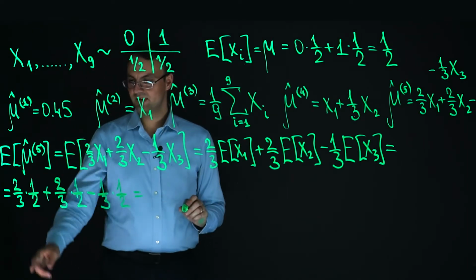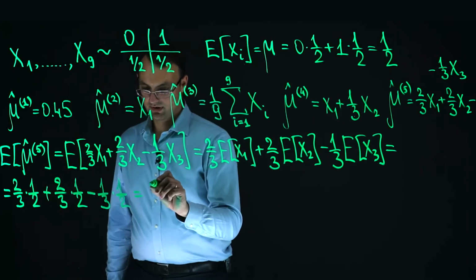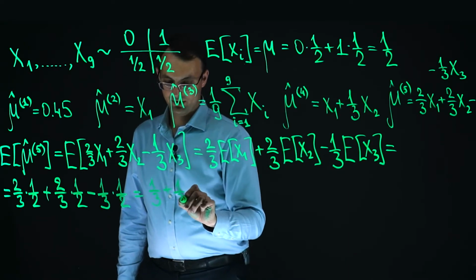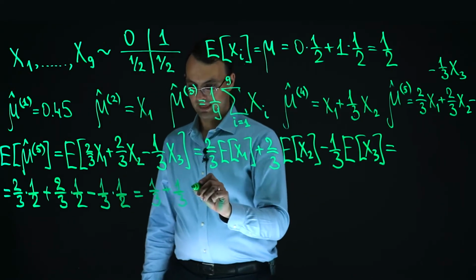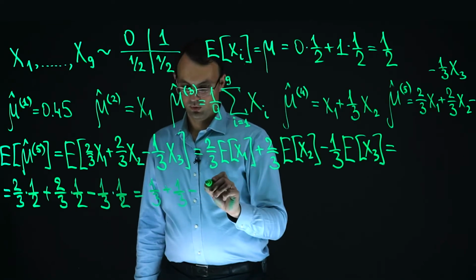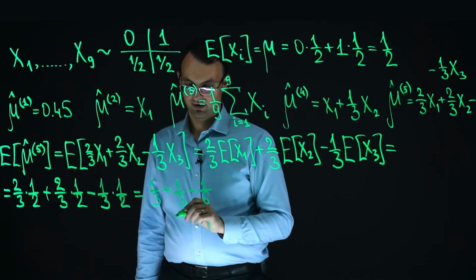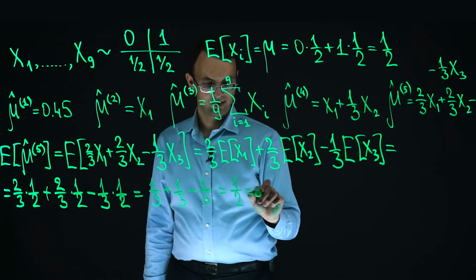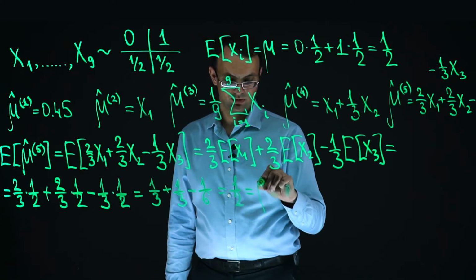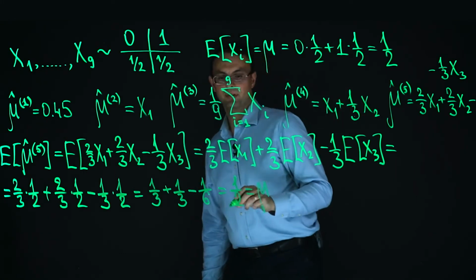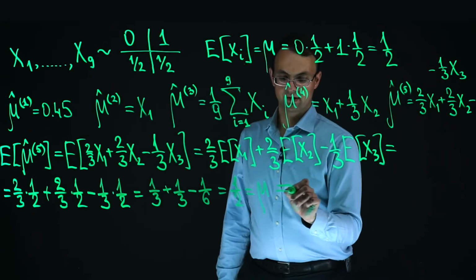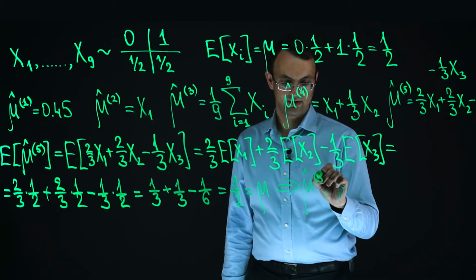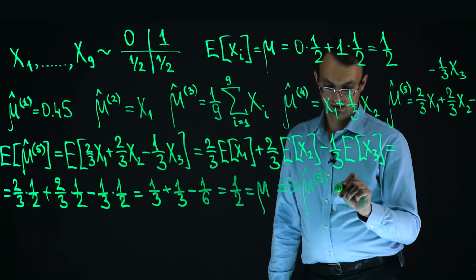So this is 1/3 plus 1/3 minus 1/6. And so, yes, this is 1/2. That is equal to the real value of mu. So that means that mu hat 5 is unbiased.